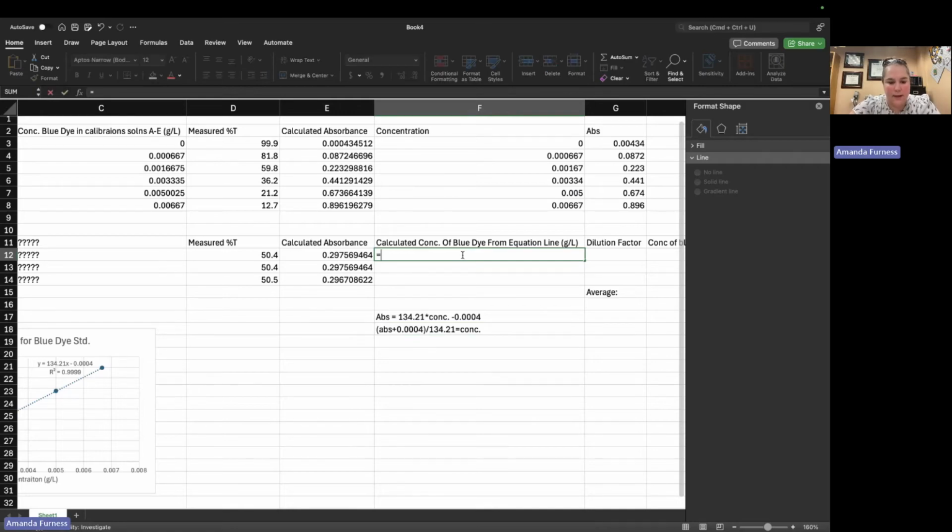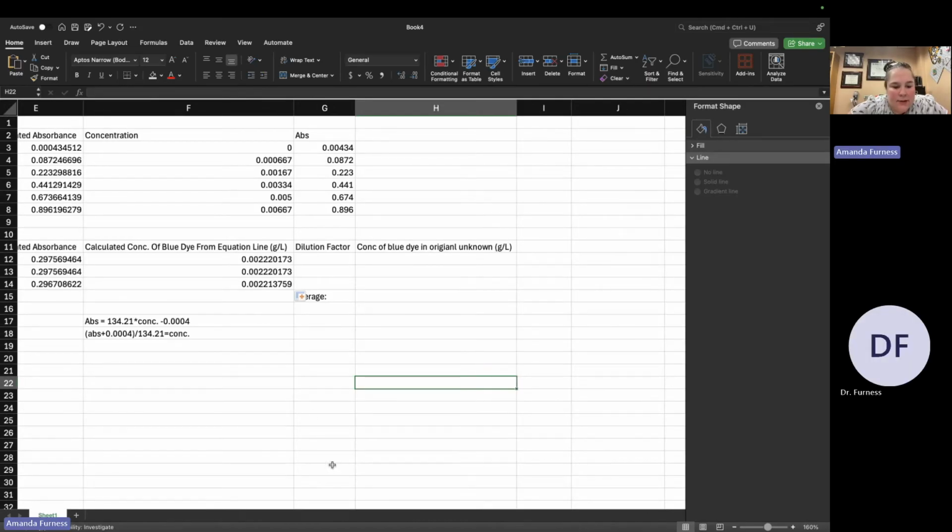We'll say this is equal to absorbance. Well, my absorbance is this value right here, plus 0.0004 divided by my slope, 134.21, enter, and then this would be my reported concentration for the diluted sample, okay?